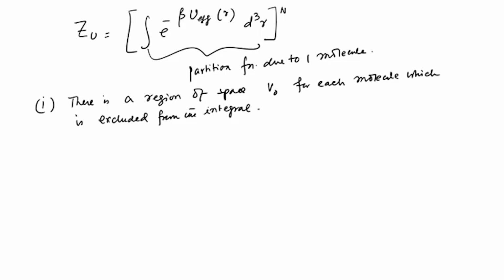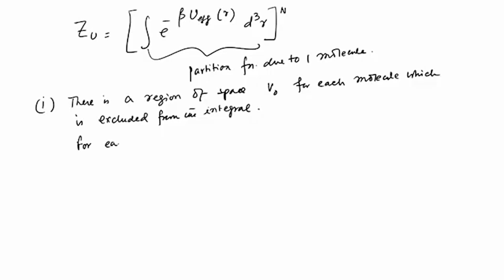So, one important thing is that when we write this whole integral, we consider these molecules as point particles, but there is a certain region that each molecule actually occupies, or there is a volume that each molecule occupies, which is say equal to V0.